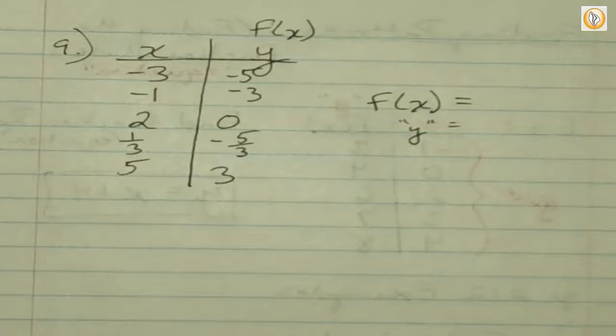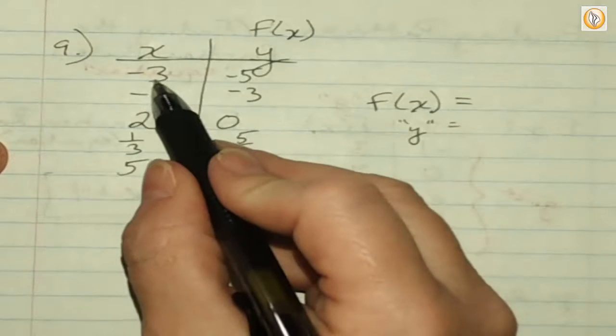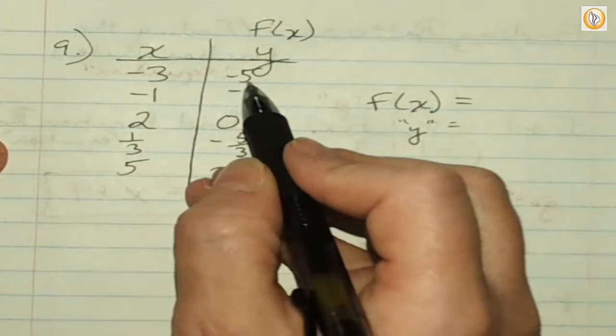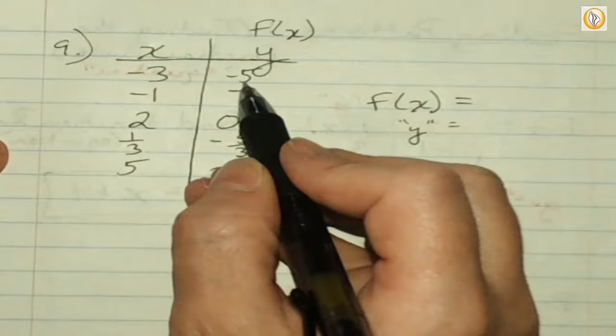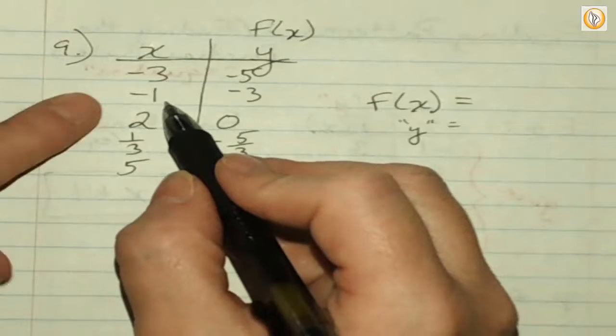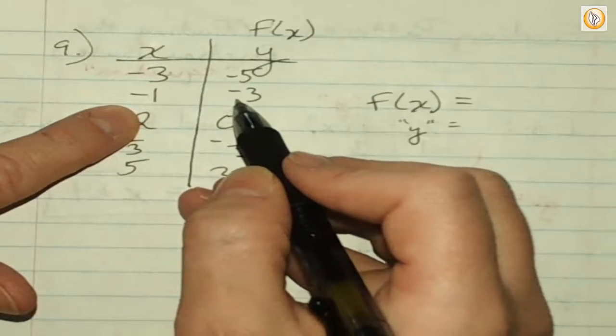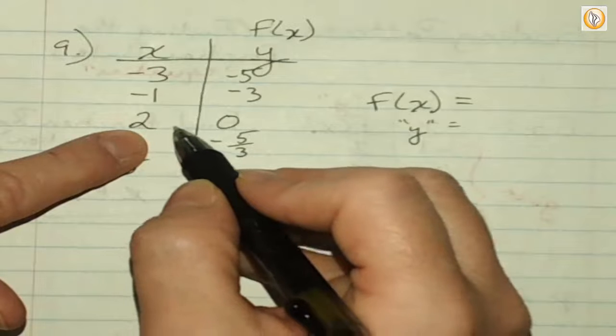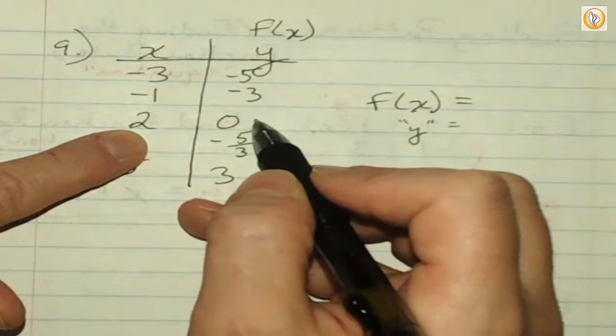Anyone besides Taylor and Aiden? Whit? Plus -2. Okay, so the -3 plus -2 gives you -5. -1 plus -2, would that give you -3? 2 plus -2 would give you 0.